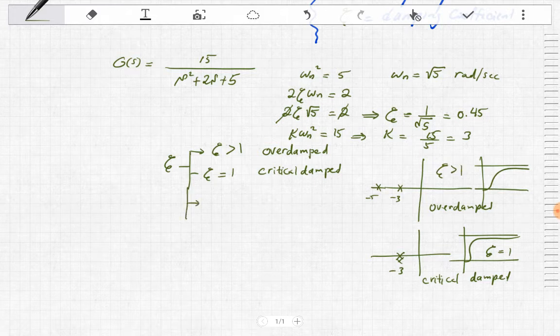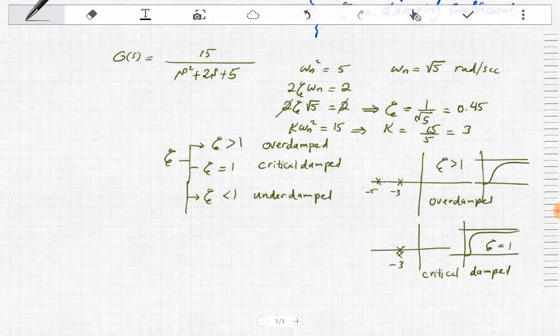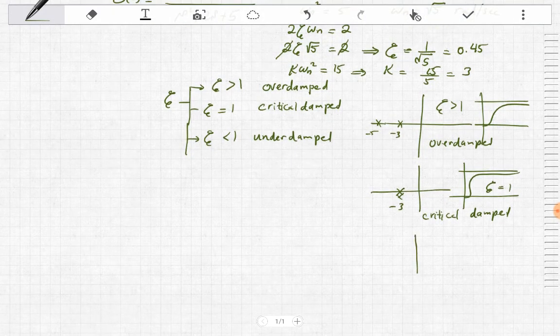You have another case when eta is less than 1. When eta is less than 1, we call it underdamped. What's underdamped? It means you have 2 poles and they are complex, meaning they have real and imaginary parts, like, for example, minus 3 plus j2 and minus 3 minus j2.